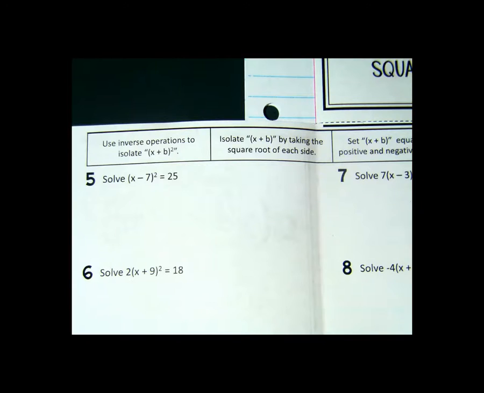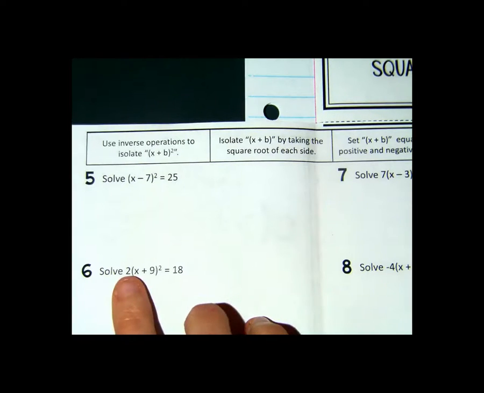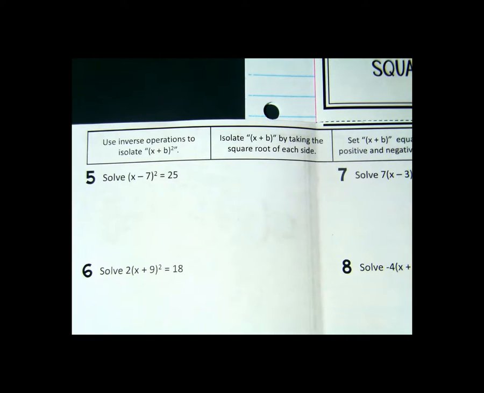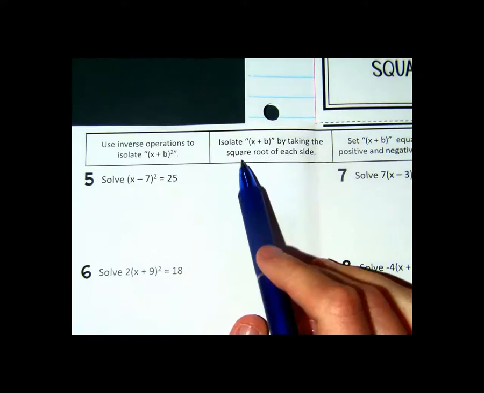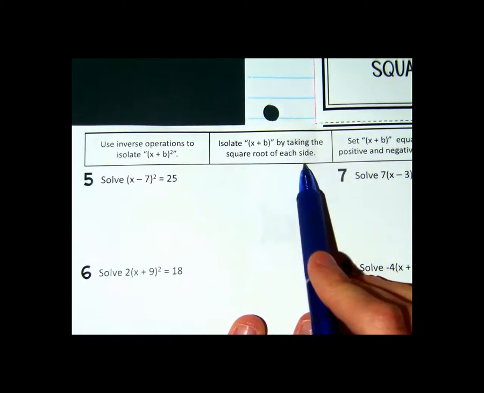All right, so if we are supposed to first isolate (x plus b) squared, meaning whatever's in parentheses squared, is that actually already done in this one? Yeah, because if it's not, there would be something outside, like number 6 has something outside. So, if that's already done, I'm going to skip to step 2, which is isolate x plus b by taking the square root of each side.